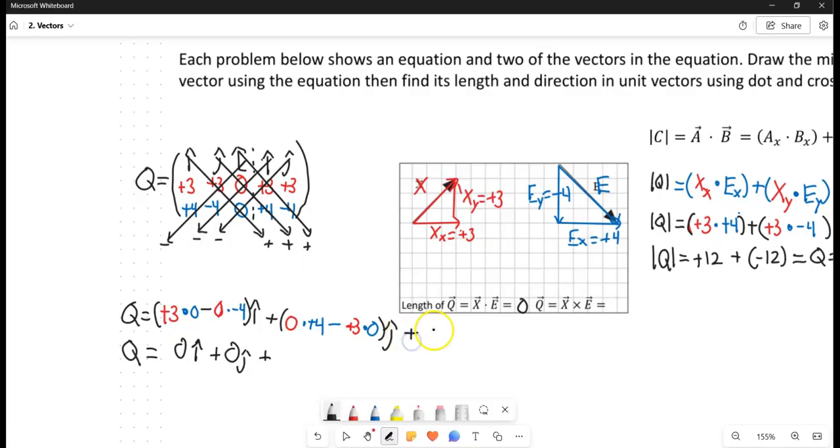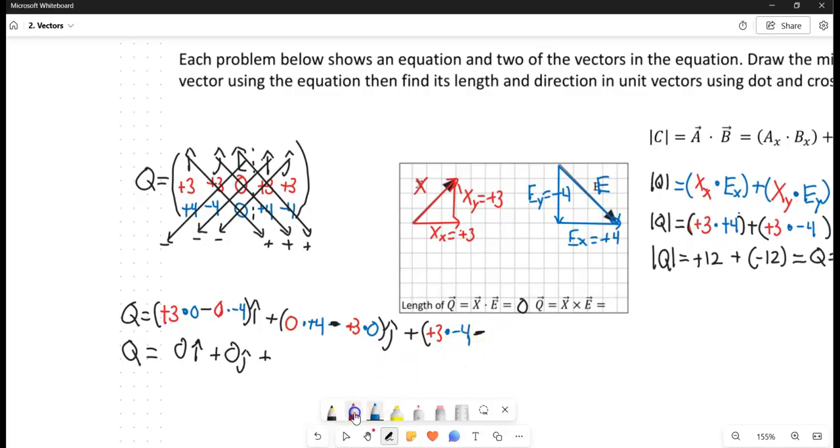We're going to figure out what the k hat is right here. So the k hat direction is going to be positive 3 times negative 4, and we're going to go minus the k hat, which is going to be positive 4 times positive 3 minus positive 4 times, nope, that should be positive 3 times positive 4.